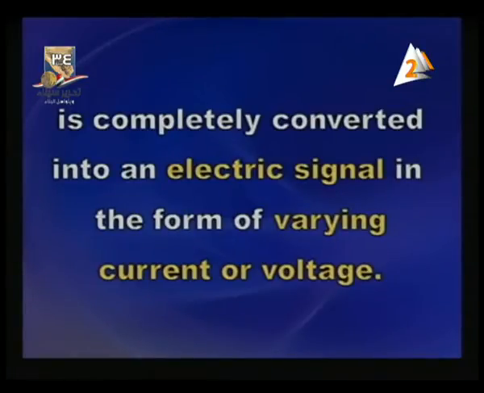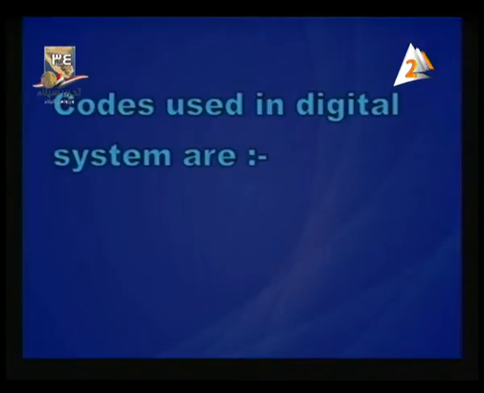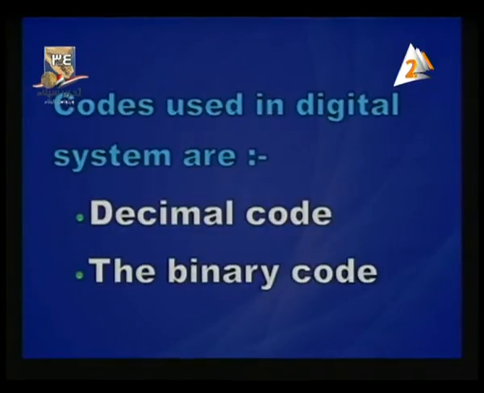This was about analog electronics. And what about digital electronics? The information about a natural quantity is coded into a digital form. Codes used in digital systems are the decimal code and the binary code.